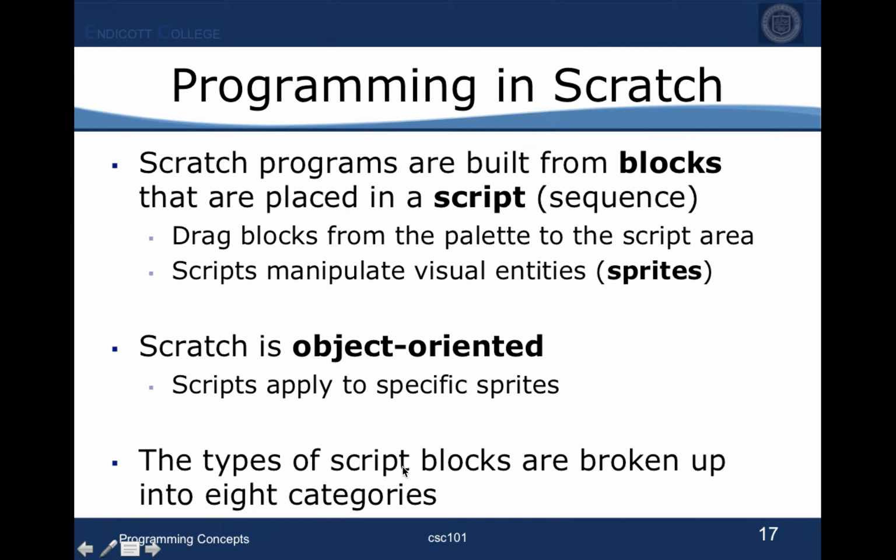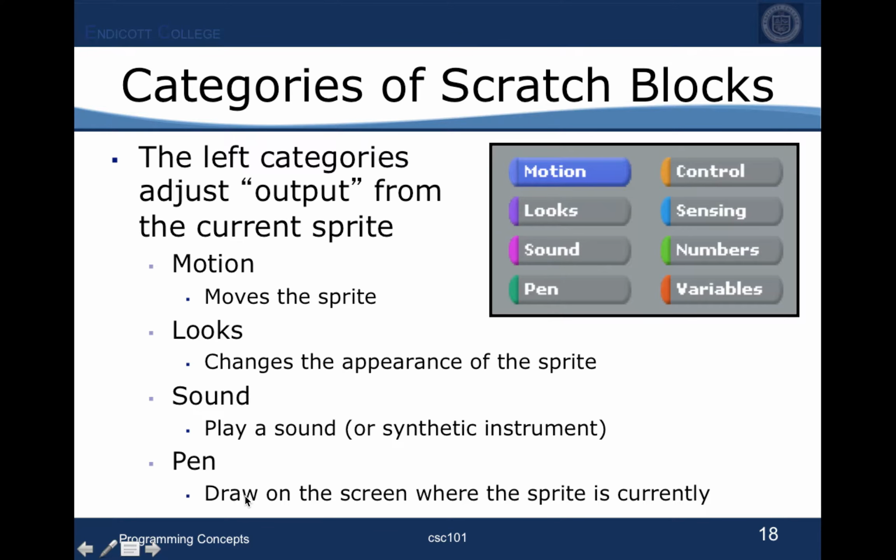Now, the types of script blocks that we can use are broken up into a bunch of categories. Again, more or less the current version has these same categories. They may have 10 categories instead of 8. But anyway, each type of thing you might want to do hopefully naturally falls into one of these categories.